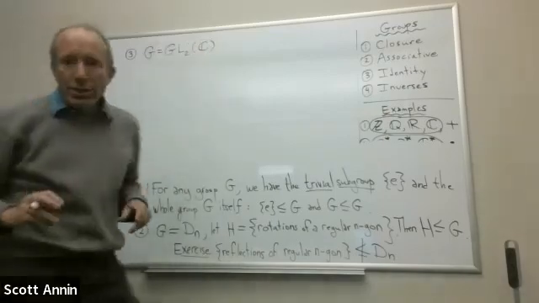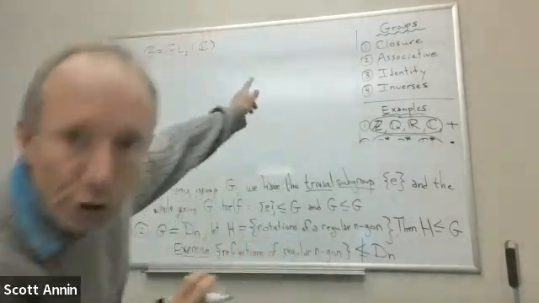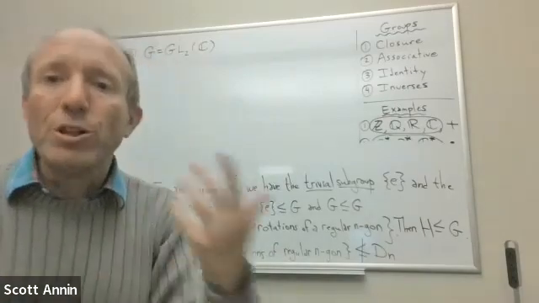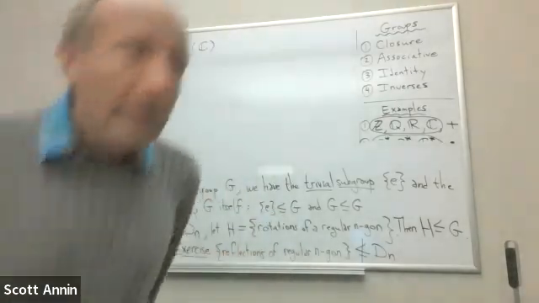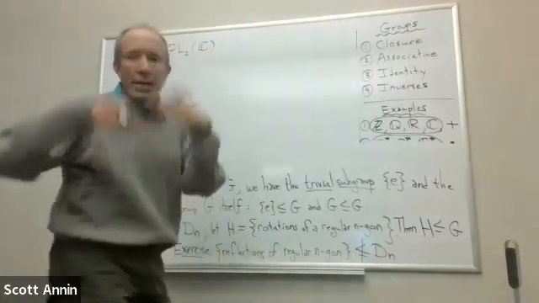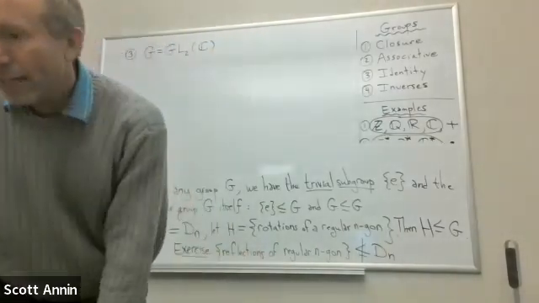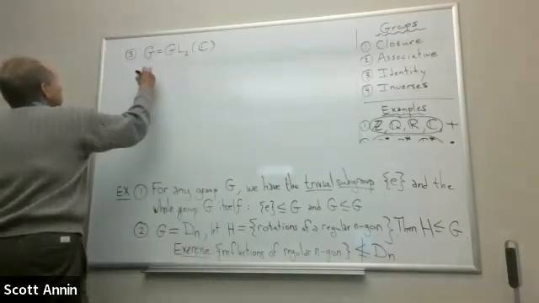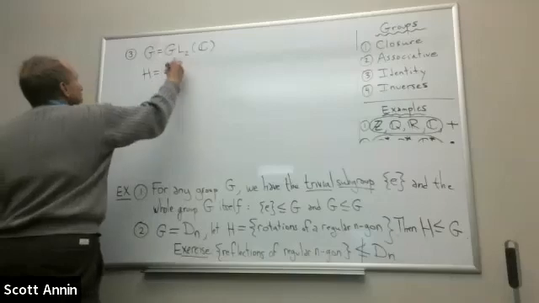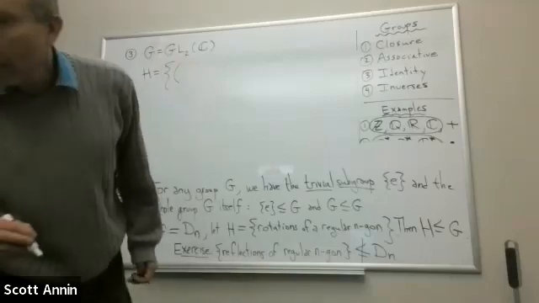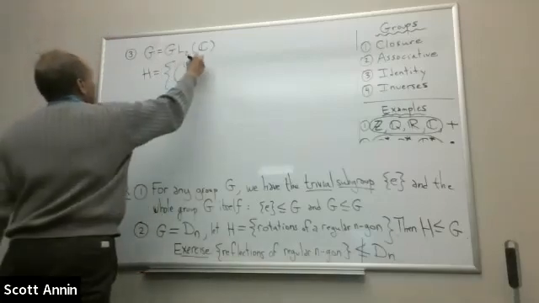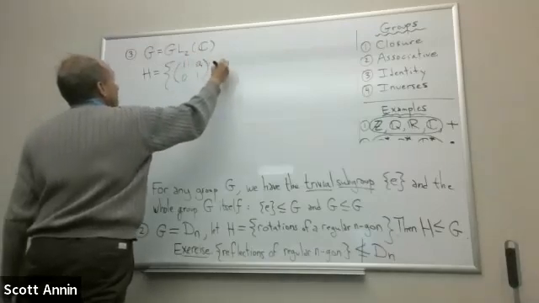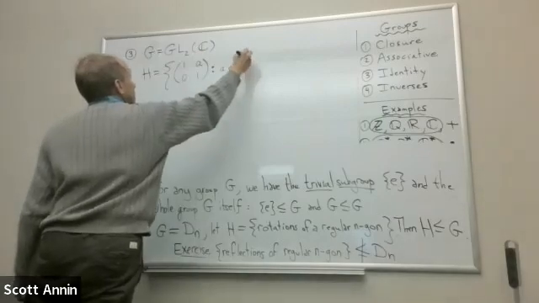Remember that in this case, this is 2 by 2, so GL2, the 2 by 2 invertible matrices. I'll allow the complex numbers as entries of those matrices. Really, that isn't quite so important. So that's my group, and I'm going to make a subgroup. It's going to be the set of all matrices that look like the following: 1, A, 0, 1, such that A is a complex number.